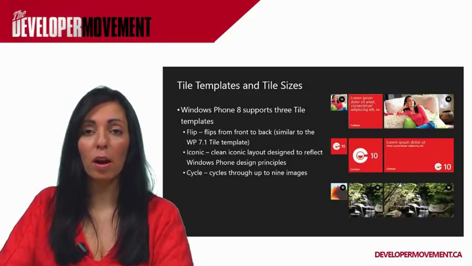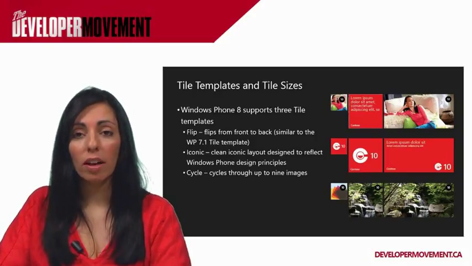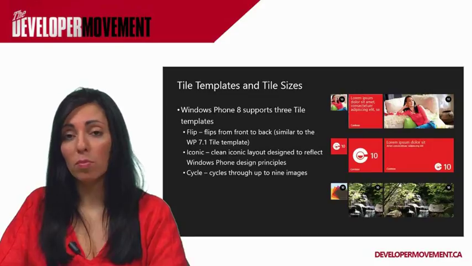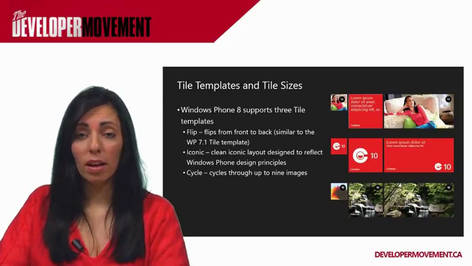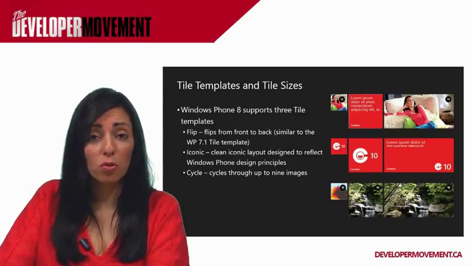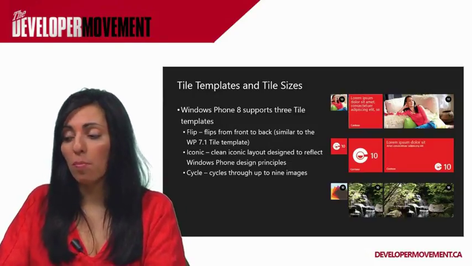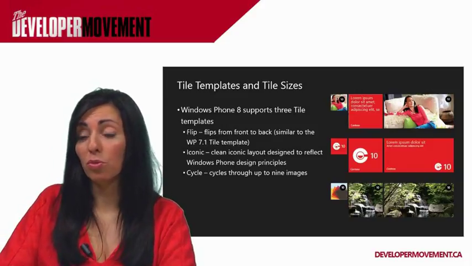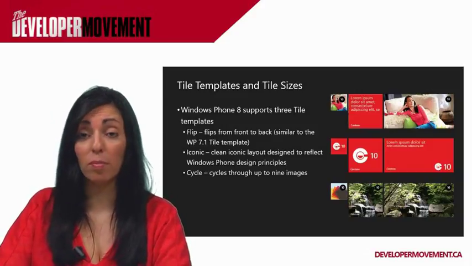So you can't submit your app to the App Store unless you have the sizes of the images that you plan to support. Small and medium size support is required. It's mandatory, and wide sizes, you can choose to support them. You don't have to, but I think it lends itself to a nicer feature for your users if you choose to support wide tiles. So just keep that in mind.